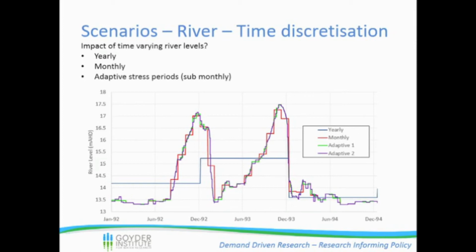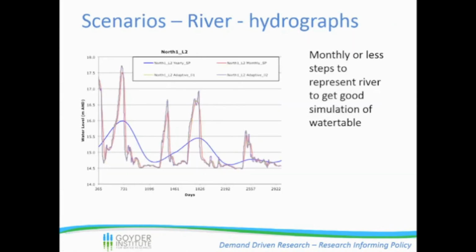Here's one example. So this is us simulating changes in river level, and currently the models just have a flat river, incidentally. We're not even looking at this in the regional scale models, mostly speaking. So we compared annual averages with monthly averages, with better than monthly averages, adaptive stress periods. What impact did that have? Well, for trying to simulate heads in the water table, monthly steps are good enough.